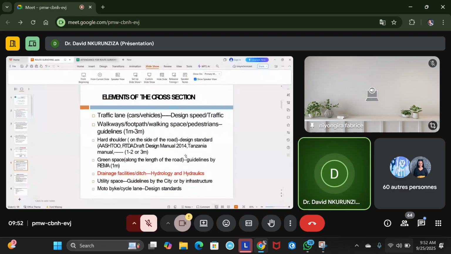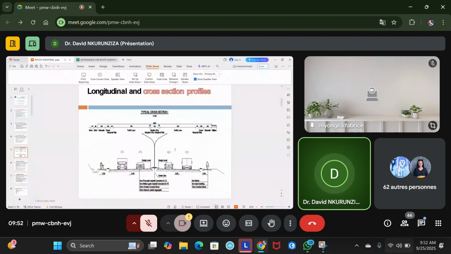So the first key element of the road cross section is the traffic lane, where the vehicles are passing. If you try to see them here, this is the view of the cross section.